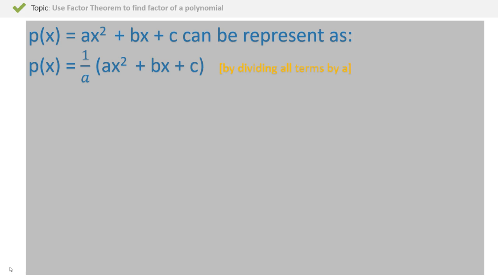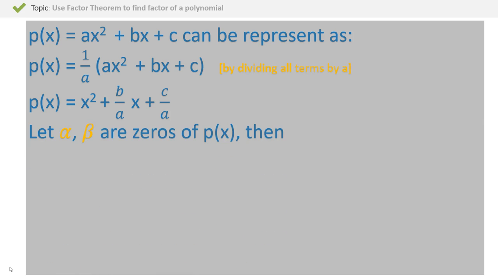So I am multiplying the polynomial by 1 by a, which finally gives you x squared plus b by a multiplied into x plus c by a.